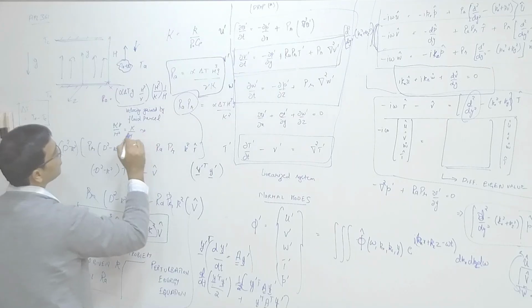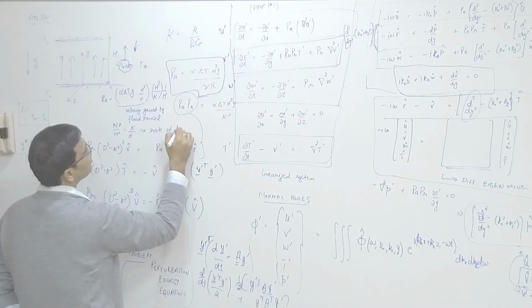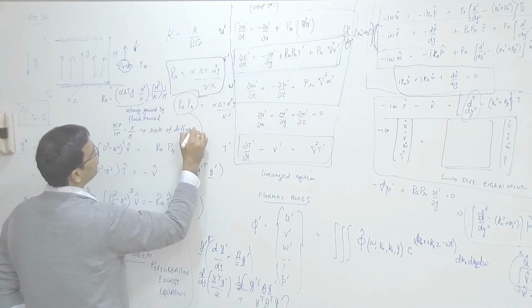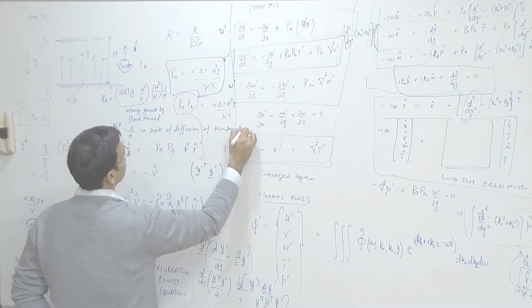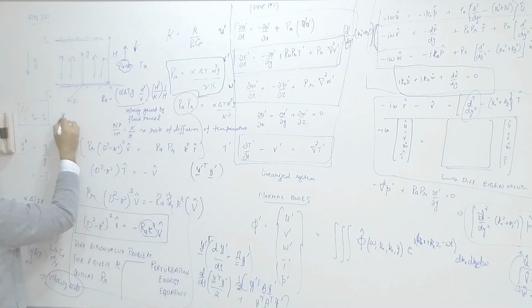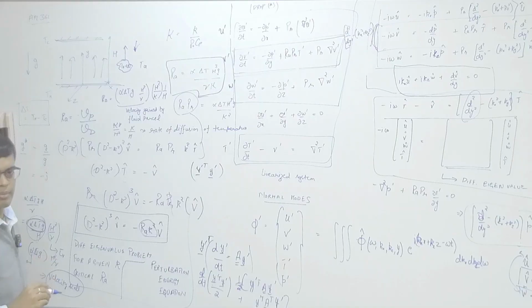This is the rate of diffusion of temperature. Okay. So Rayleigh number, you can really look at it like the velocity gained by this fluid parcel, let us say Vp, divided by this rate of diffusion, let us call Vd.